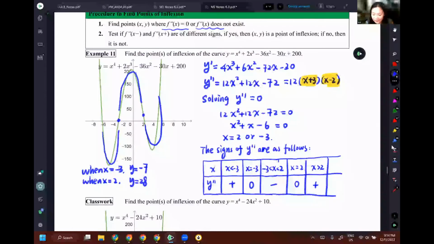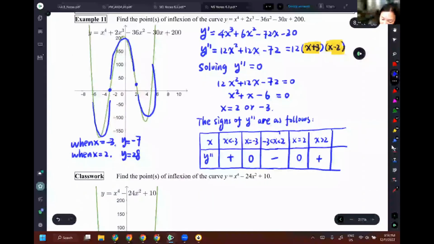So the 2 points of inflection are negative 3, negative 7, and 2, 28. Okay. Now you quickly finish the classwork. I know you're fine with polynomial.